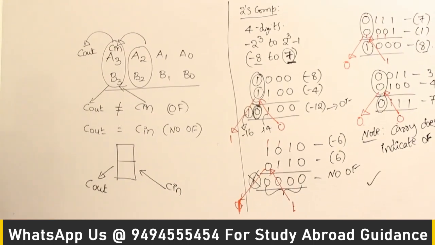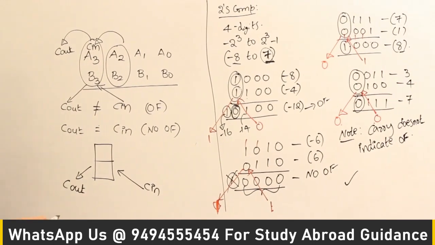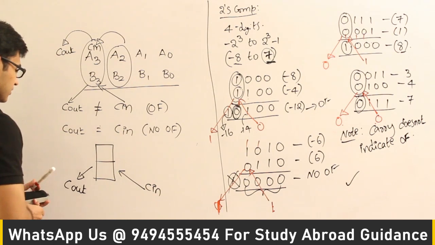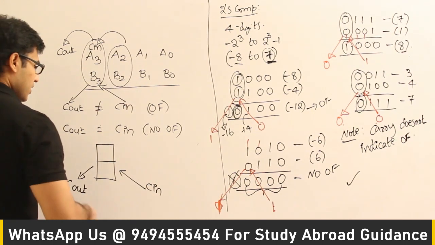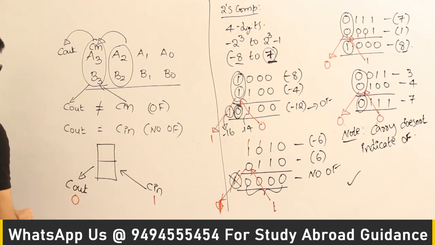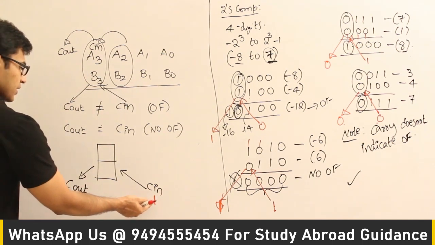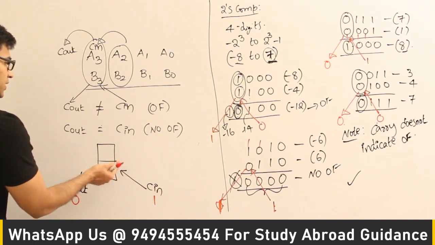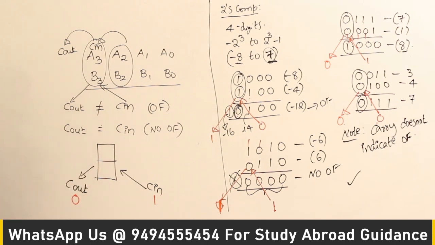Now when will there be overflow? There will be overflow if the carry coming inside is 1 and the carry coming out is 0. Now let's analyze how is it possible. How is it possible that if the carry going in is 1, we don't get a carry outside?